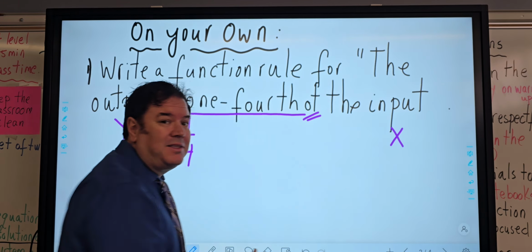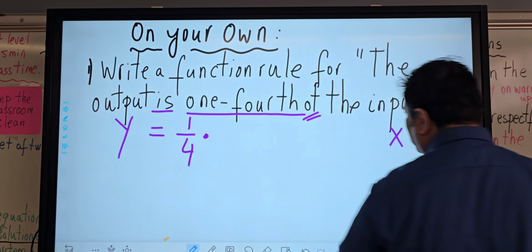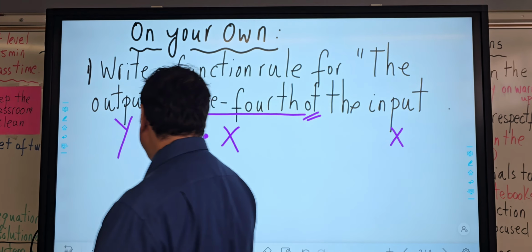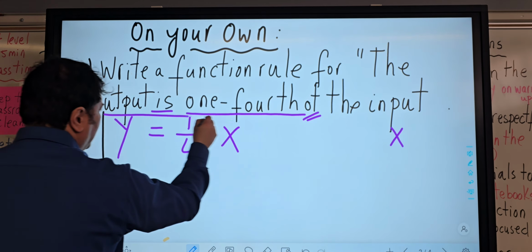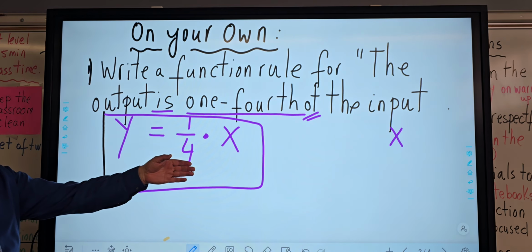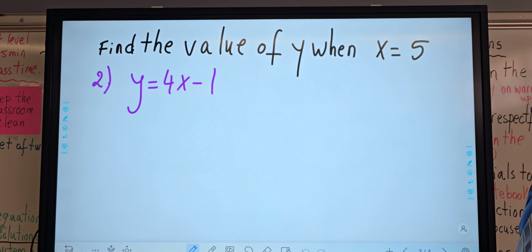Of in math means times, right? Times, and then we have the x, right? I hope you got the same answer. So our final answer is y equals 1/4x.